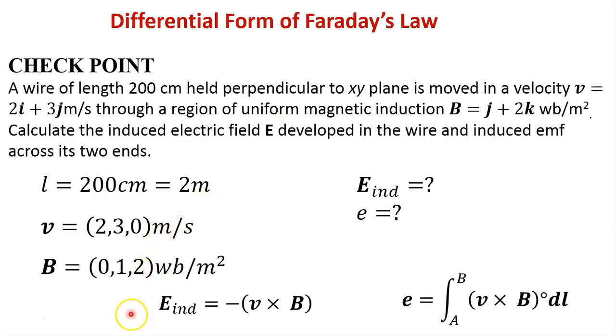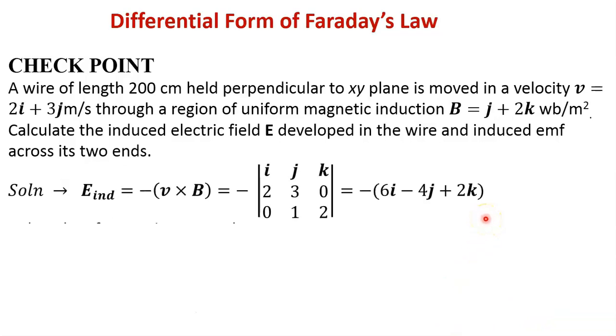Now E bar induced is equal to minus V bar cross B bar. This formula we have to explore, and then we have to explore the integral version of Faraday's law. So herein we have induced EMF E equal to integral of V bar cross B bar dot dl bar, where the integration runs from the initial point to the final point.